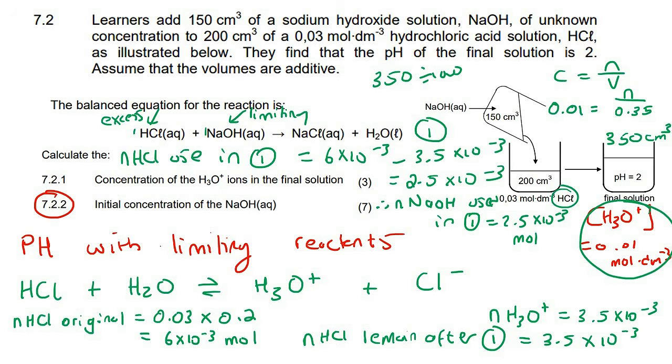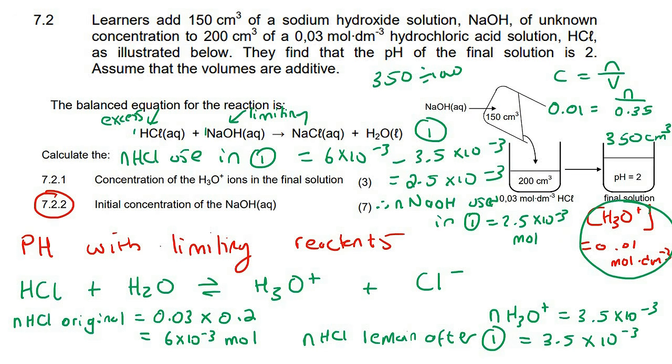So now we know how many moles of NaOH we had in the very beginning. Because it's a limiting reactant, we use up all of it. So we know that the amount that we have here is the same as the amount we're going to use in the reaction because we're going to use all of it and there will be no leftovers of that one after the reaction. Okay, so now we know the volume of NaOH in the beginning and we know how many moles of NaOH there was in the very beginning inside here.